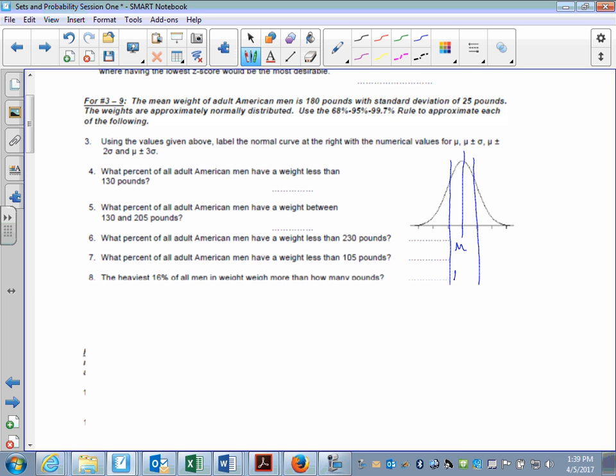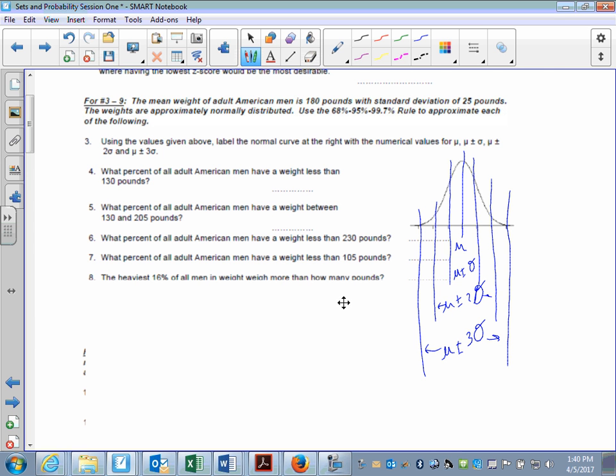From here to here is mu plus or minus sigma. From here to here is mu plus or minus 2 sigma. And from here to here is mu plus or minus 3 sigma. So from there to there, there to there, there to there, and mu is just the center one right there.